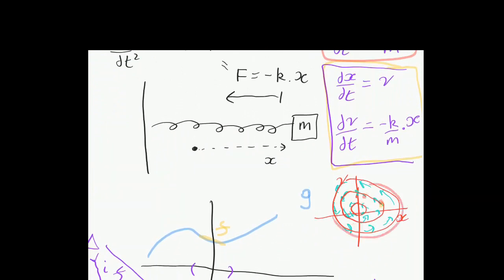Because in this perfect harmonic oscillator, where there's no energy loss because of the assumptions we've made, our spring's just going to bounce forever, and the amount of energy we give it initially is going to determine the radius of this circle, which we're just going to go round and round in. This flow line, this trajectory in the phase space or the vector field, is representing this system of differential equations.